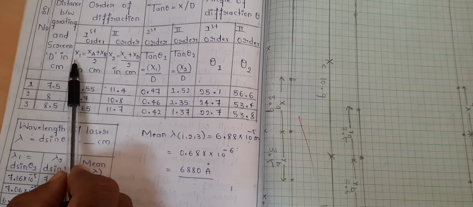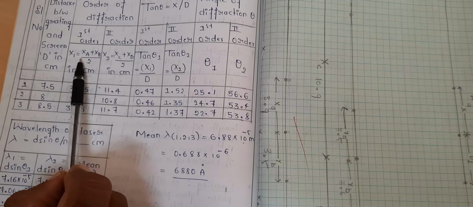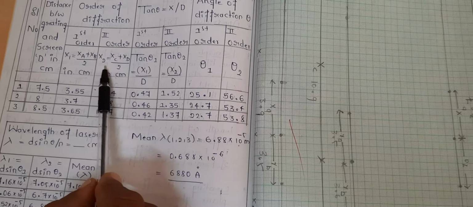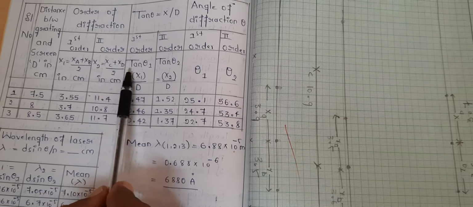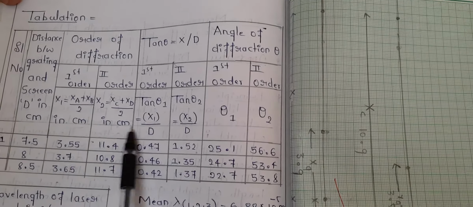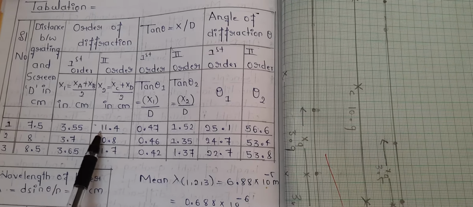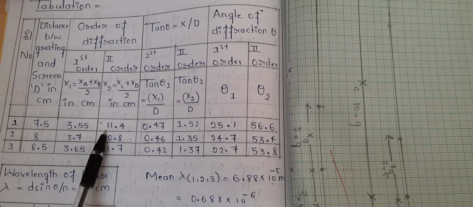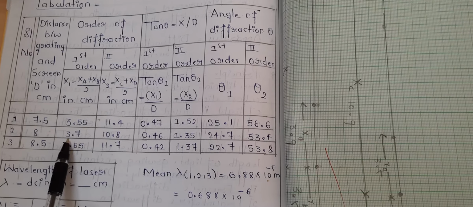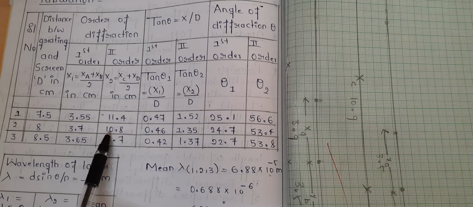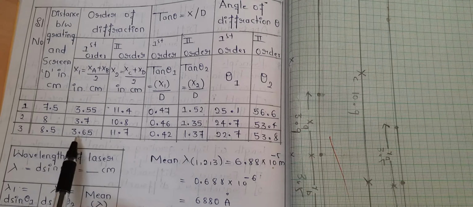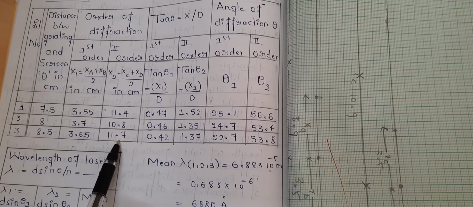Now x1 is calculated as xa plus xb upon 2, and similarly x2 as xe plus xt upon 2. These values are in centimeters. This becomes 3.55 centimeter and 11.4 centimeter. Similarly, you can observe the distances for the next readings: 3.5 and 10.8, then 3.6 and 11.7.